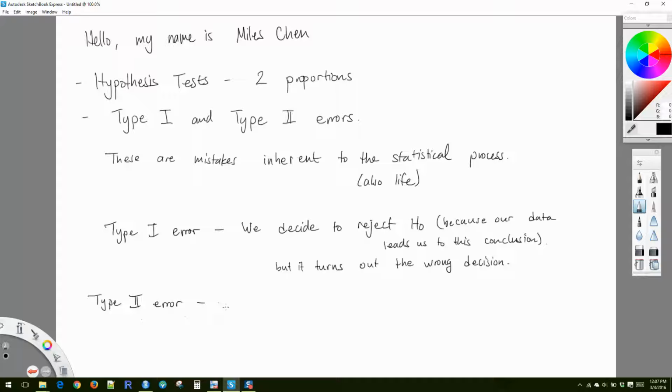We don't know, okay? Type 2 error, on the other hand, is we decide not to reject the null hypothesis.